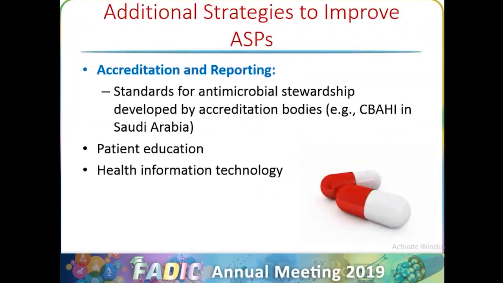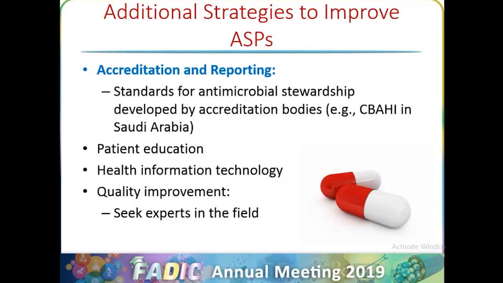For example, the CBAHI here in Saudi Arabia. They have certain standards for antimicrobial stewardship programs. So in order for the hospital to be accredited by this body, they have to follow these standards and guidelines.